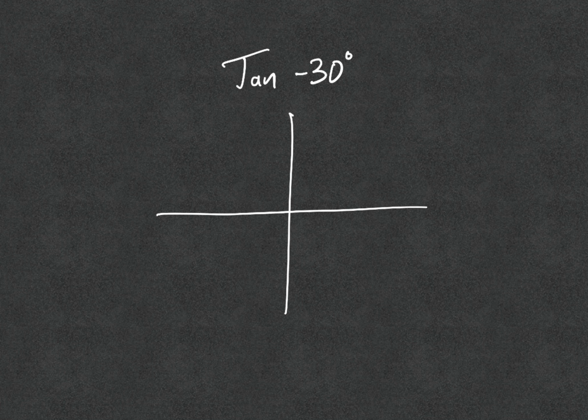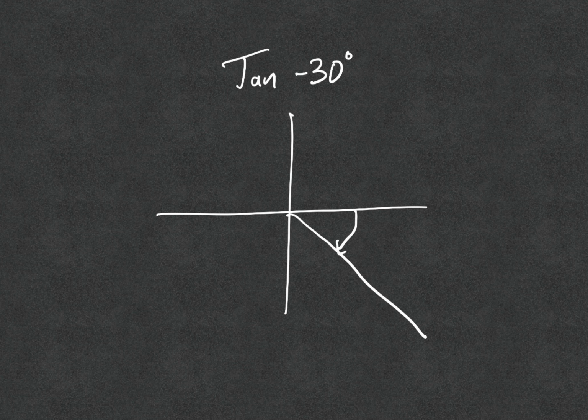Okay, next one. Let's go the exact trig ratio for a tangent of negative 30 degrees. So negative 30, so we go clockwise 30 degrees.